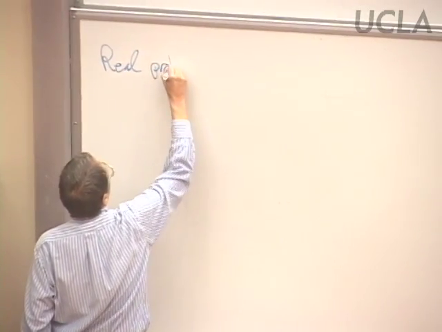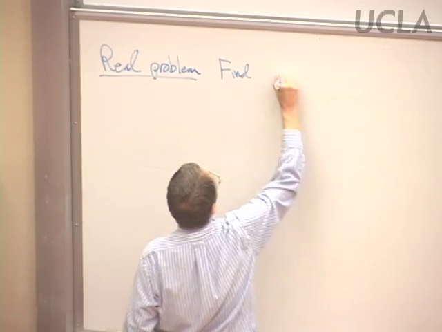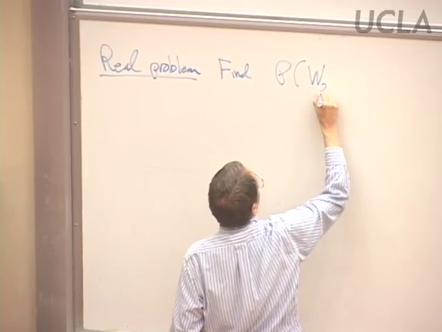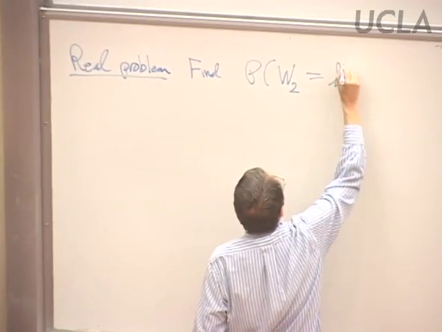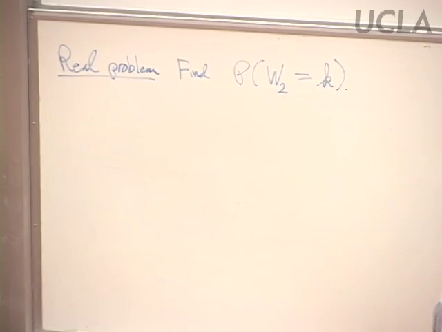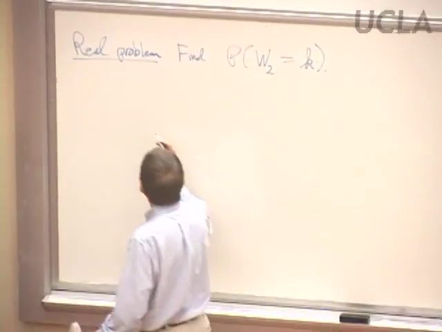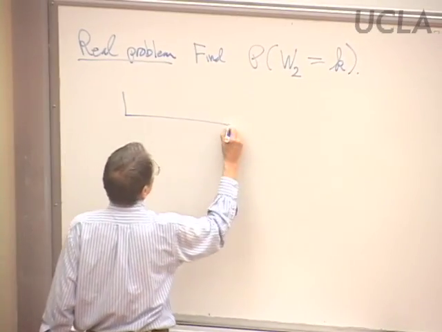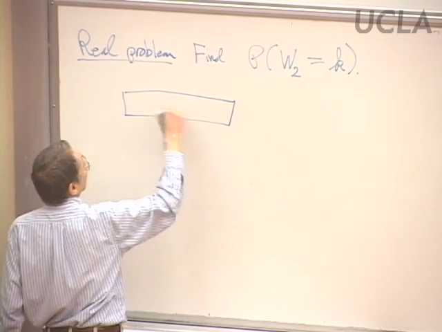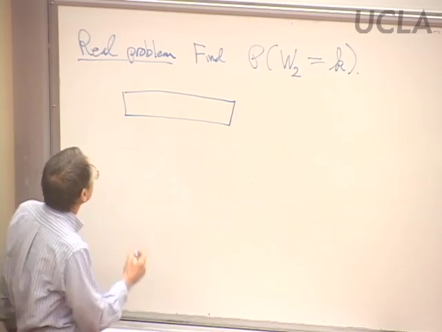Here's the real problem. So the answer will involve P and K, and we want an algebraic expression for the probability mass function. But exactly the same method. Let's look at this event, W2 equals K, and see how that could happen.